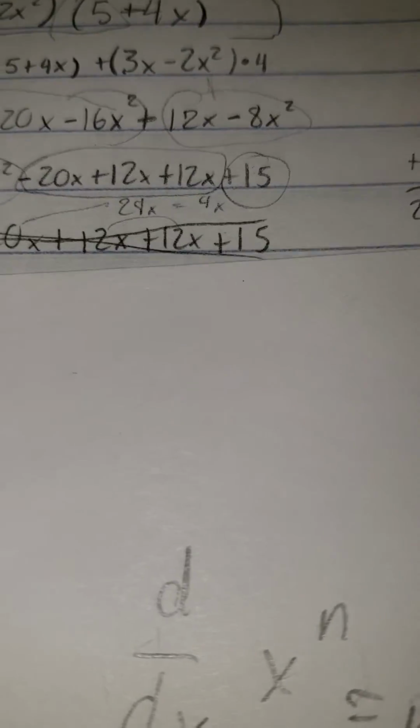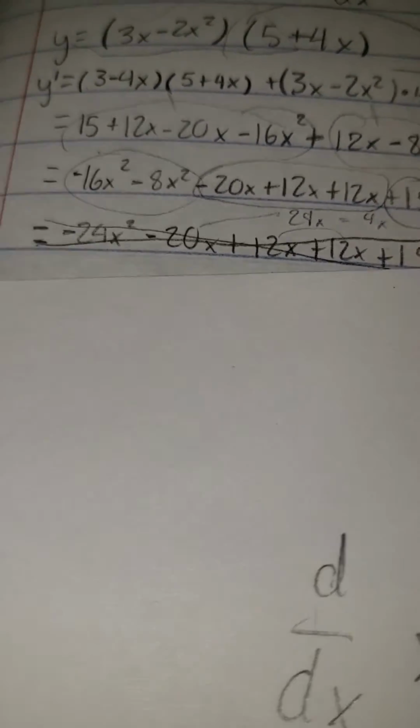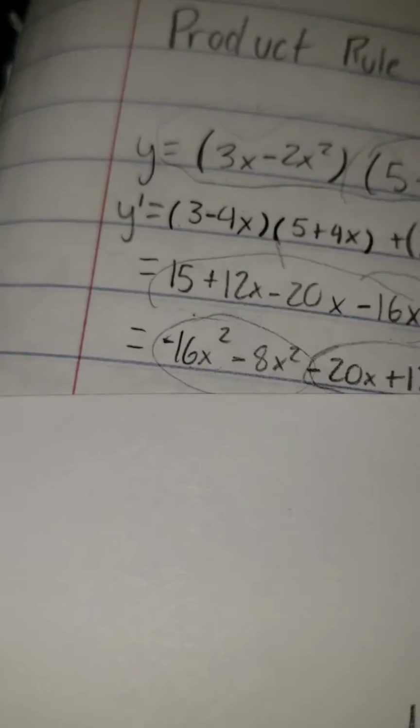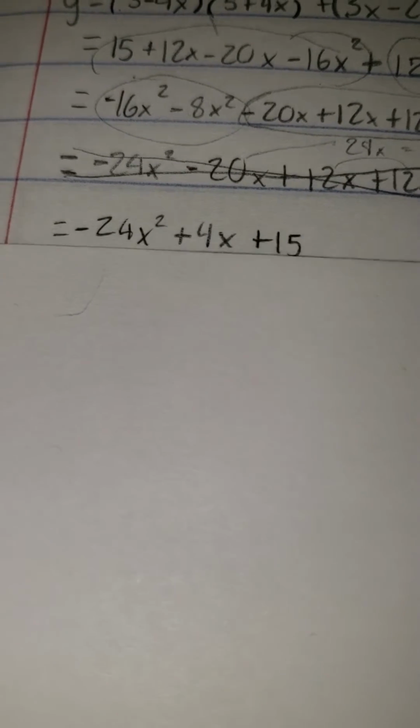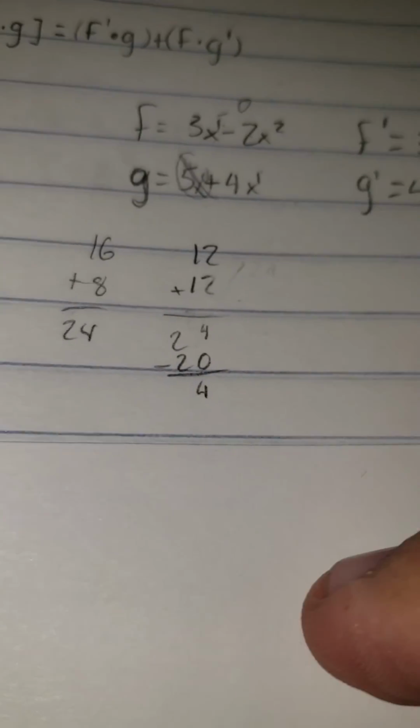From there, we go straight to combining everything at once. And if you want to see the math for that, in case some people might have difficulty with that, here's all the math.